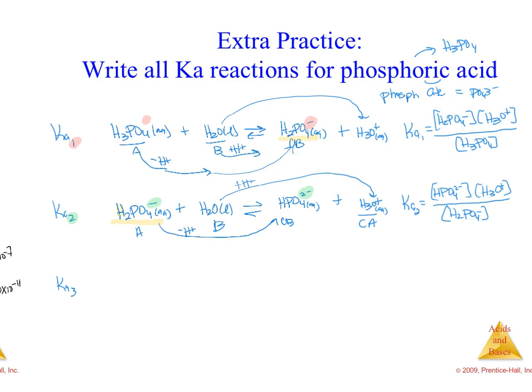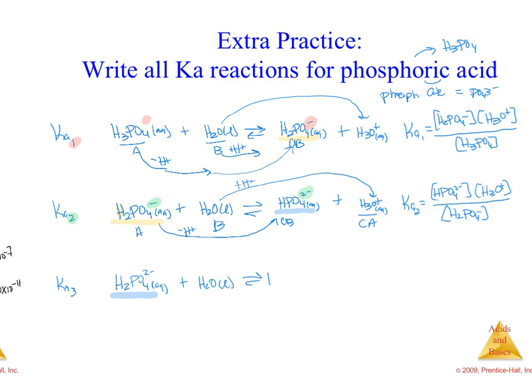So now my Ka3 reaction, what am I going to start with? Well, you're going to start with the conjugate base that was just formed. So I'm going to start with H2PO4 2 minus aqueous plus H2O liquid in equilibrium with, oops, I made a mistake. So where's that mistake? Again, I need to start with what I made, HPO4 2 minus. I have an extra proton, so that's a mistake.